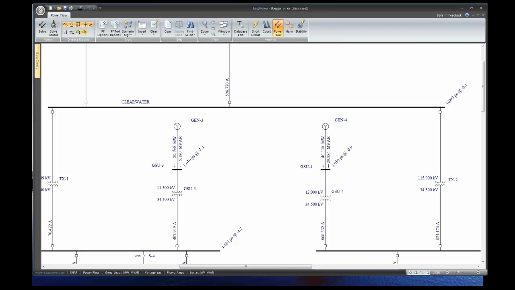So utilities run into this when they try to tie feeders together out of substations 10 miles apart, they tie them together. You can have a lot of VAR flow there because even though the voltages are roughly the same and in sync, the voltage magnitude differences create potentially a lot of VAR flow.